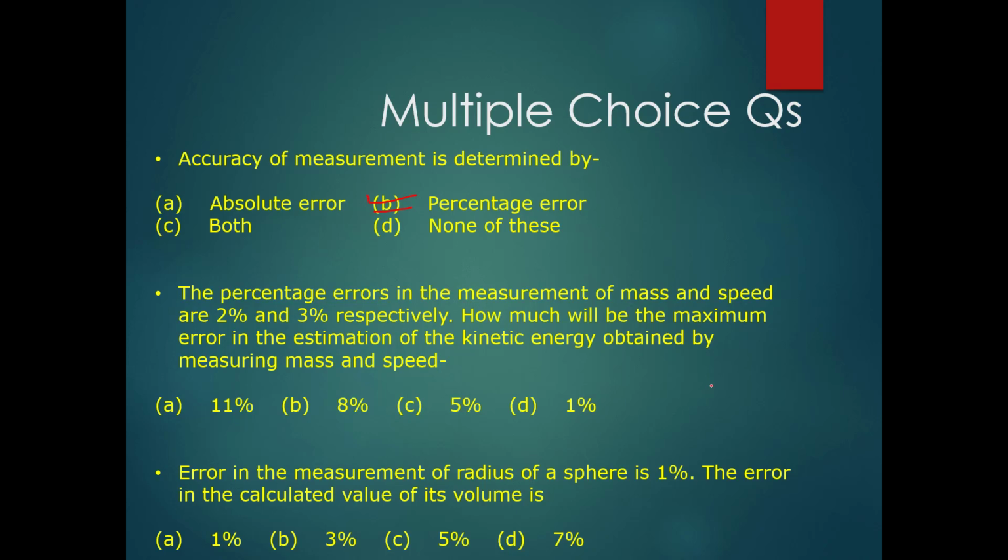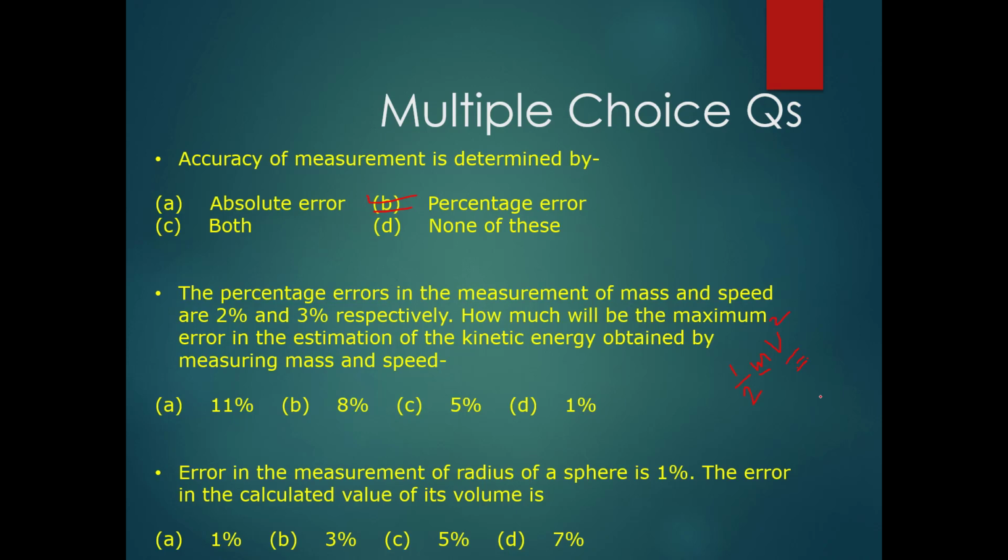So if mass is given and speed is given, kinetic energy is given by half mv square. So basically the kinetic energy is directly proportional to the mass, and it is proportional to the square of the speed. So the same will occur regarding the errors also.